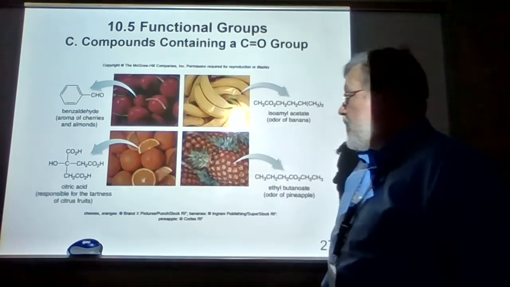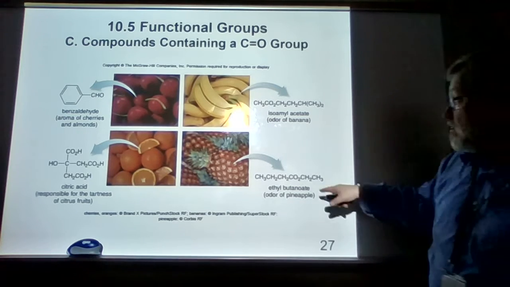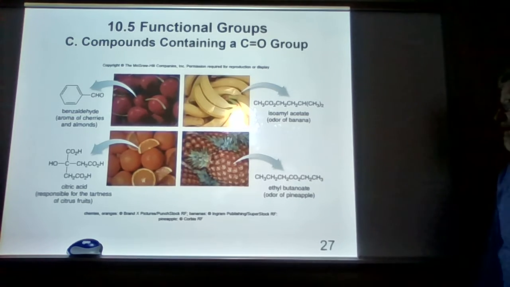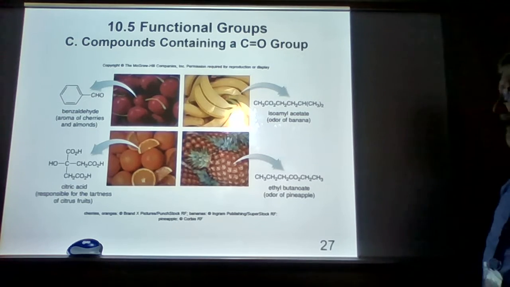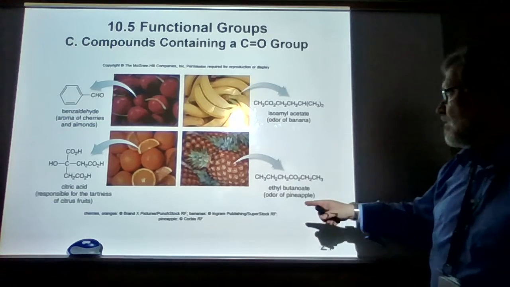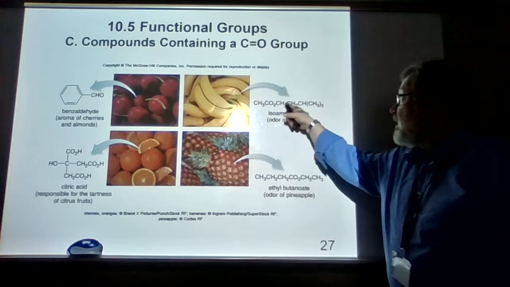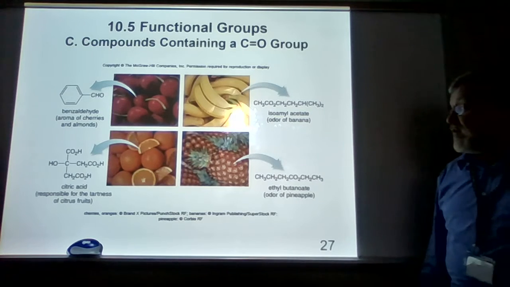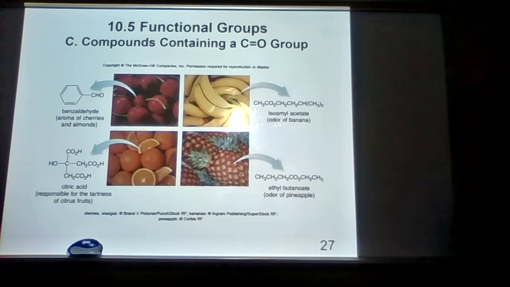Citric acid. Some people say it has an odor to it. You have ethyl butanoate. Some people have said it smells like apples. Some people say it smells like pineapples. So these esters, these things that have the ester functionality, the C double bond O portion of it, have very strong scents to them.